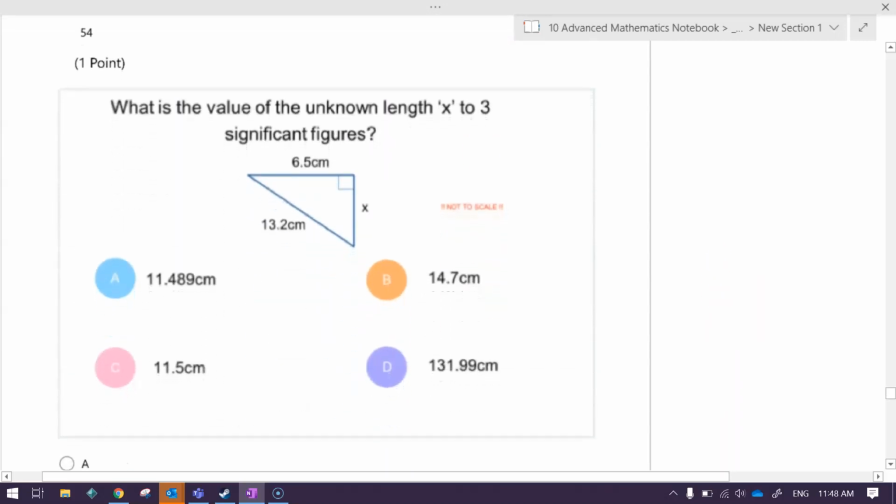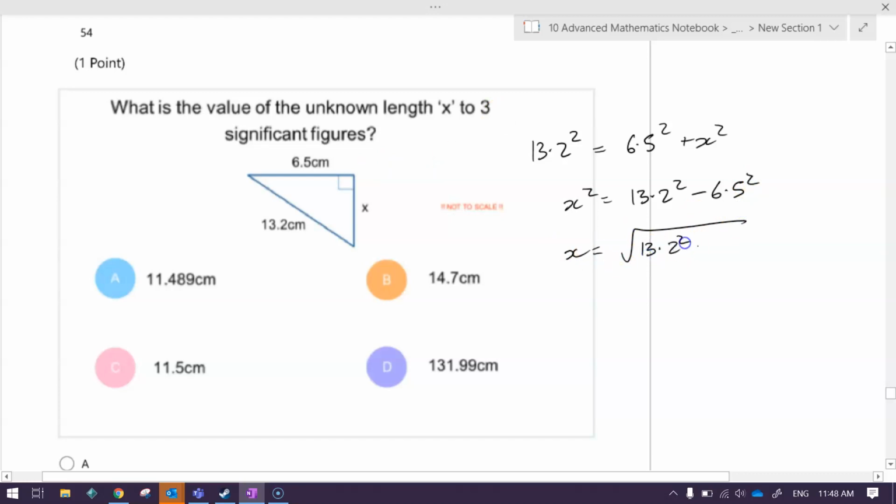Question 54. What is the value of the unknown length x to 3 significant figures? Well, your guess is going to be as good as mine here. I'm going to have to use Pythagoras' theorem. 13.2 squared equals 6.5 squared plus x squared. X squared is going to be 13.2 squared minus 6.5 squared. X is going to be the square root of 13.2 squared minus 6.5 squared.